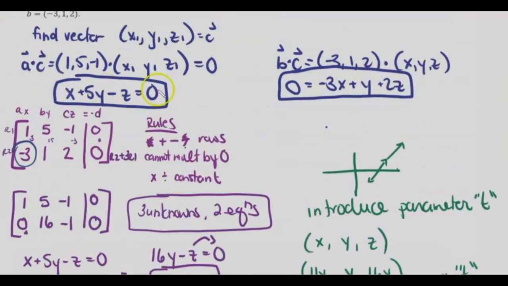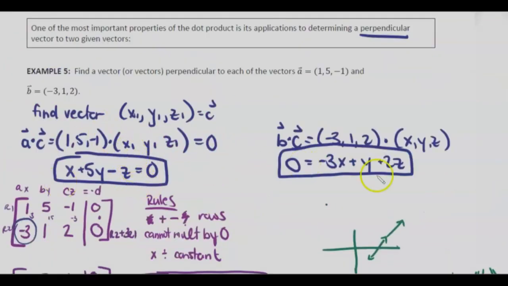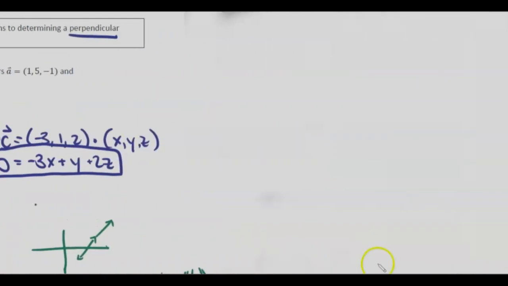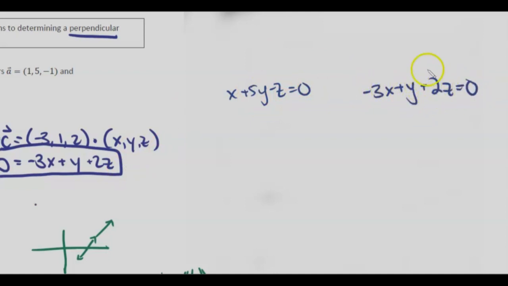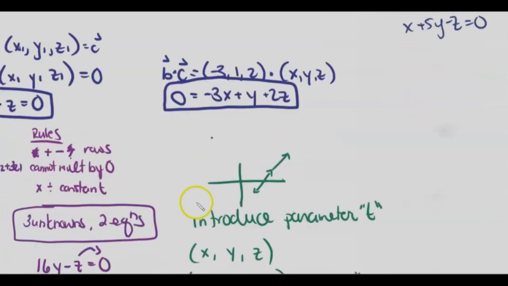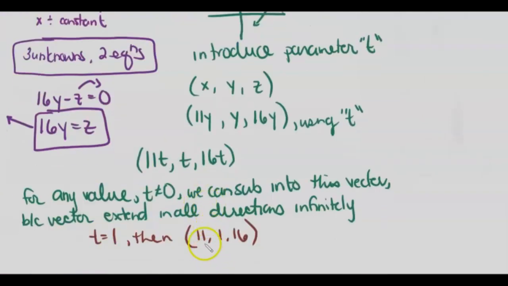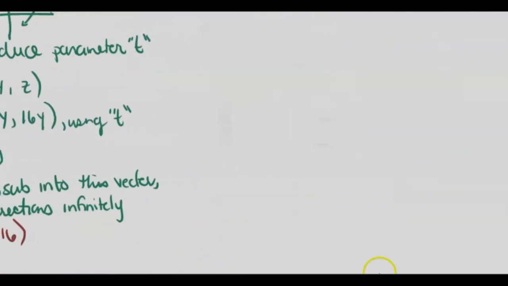We can also check this vector to make sure that it is perpendicular to both equations. Because we have these 2 equations here, which are already the dot product equations, x plus 5y minus z equals 0, and negative 3x plus y plus 2z equals 0, we sub in our vector that's perpendicular, which we know is 11, 1, 16.